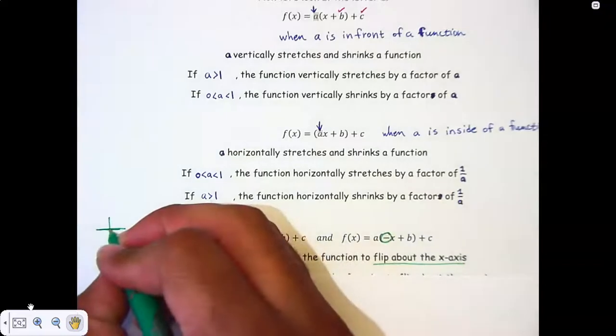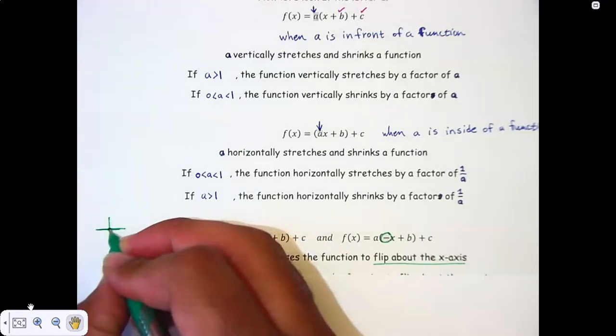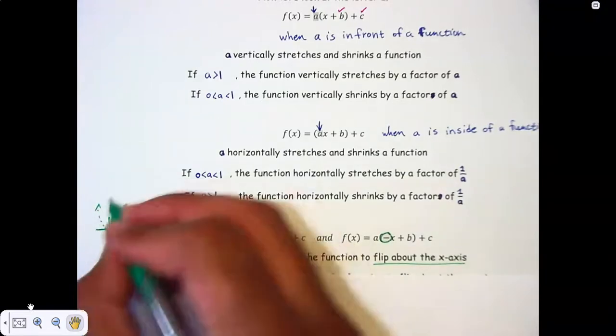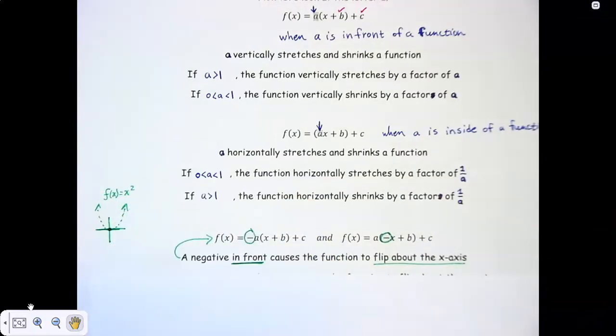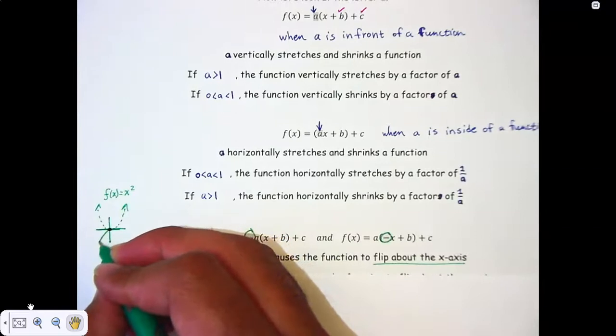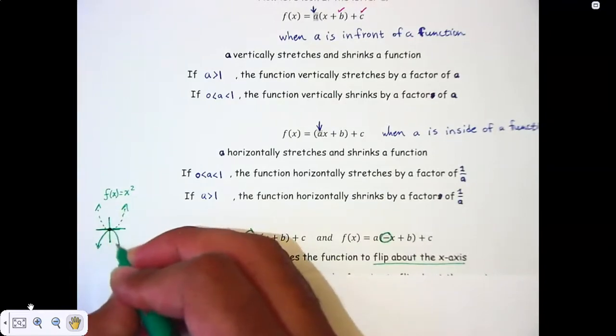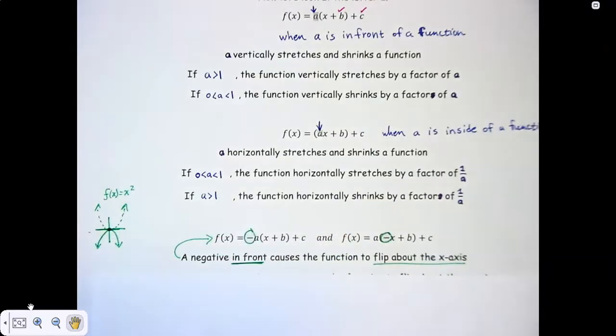Just like we did before, the parent graph was a dotted line. So I'm going to do quadratic right now. This is f of x equals x squared. All right, so if we're going to flip it about the x-axis, my solid graph is going to be coming down this way. It's going to open down because it flips about this line right here. So it's always going to open down.